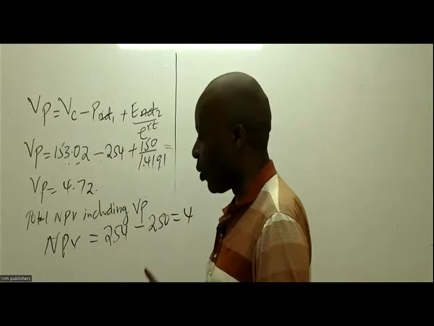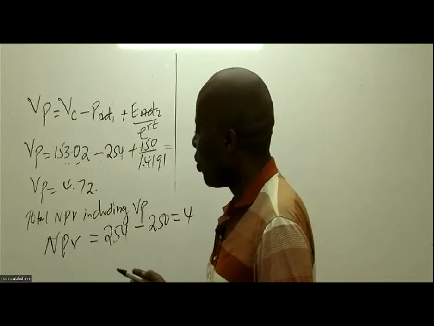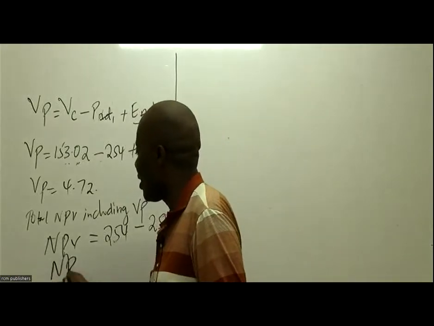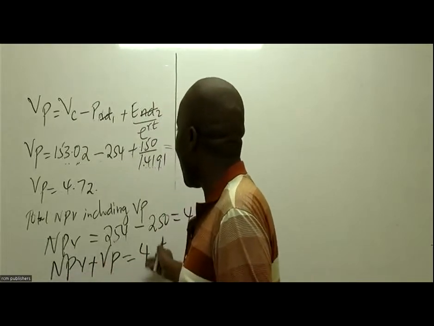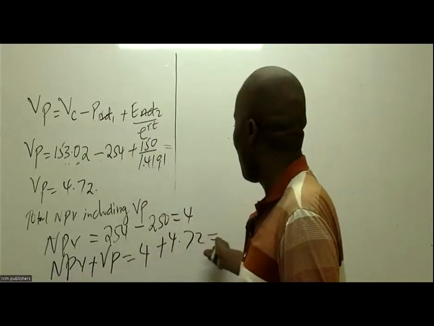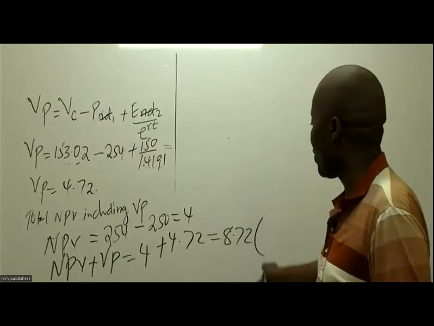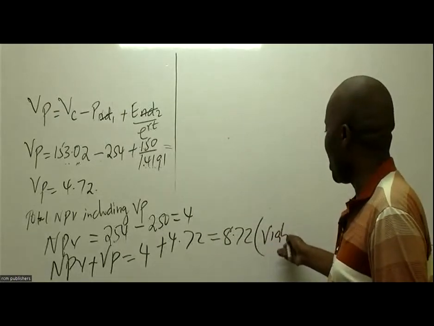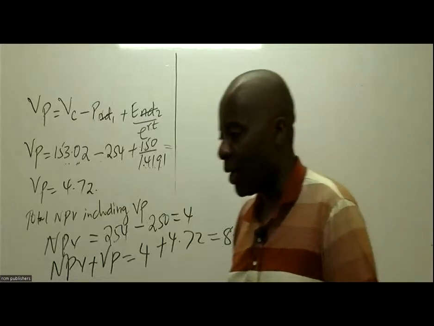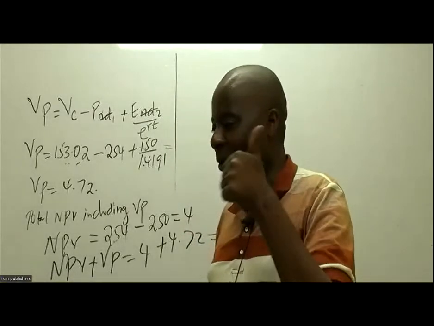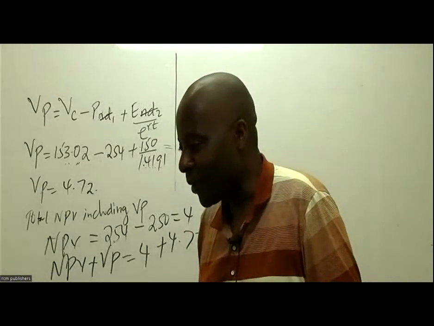This is the NPV of the project, right? So what about NPV plus the value of a put? It will be 4 plus 4.72, which gives me 8.72. And because it's positive, this is viable. The project is viable.